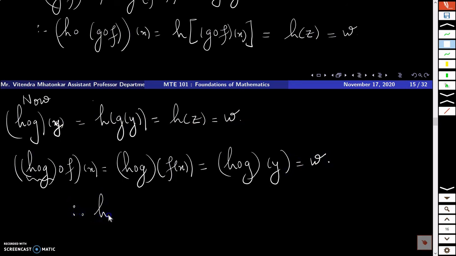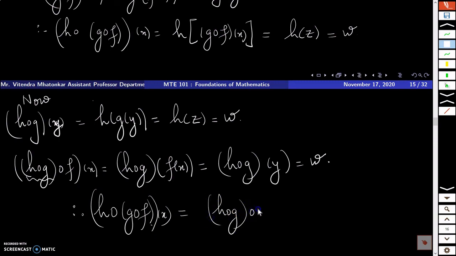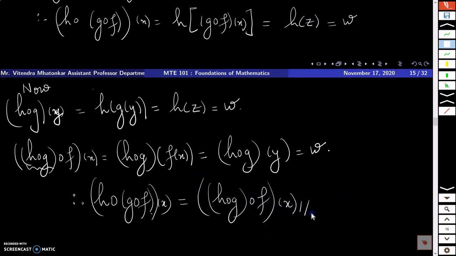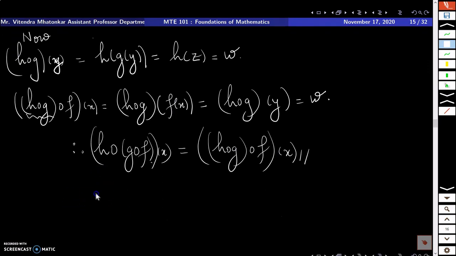So this tells us that h composite g composite f of x is the same as h composite g composite f of x, and hence this tells us that h composite g composite f is the same as h composite g composite f, and therefore these two functions are equal to each other.